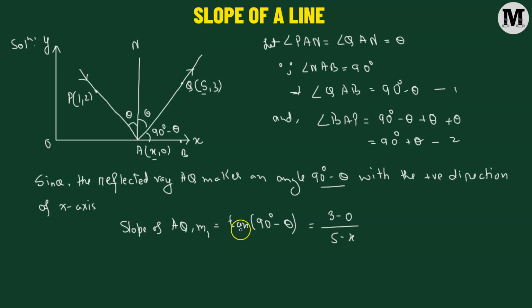Now, what's the value of tangent of 90 degrees minus theta? That's a standard value, cotangent of theta. So this will be equal to 3 over 5 minus x. We're going to label this as equation number 3.